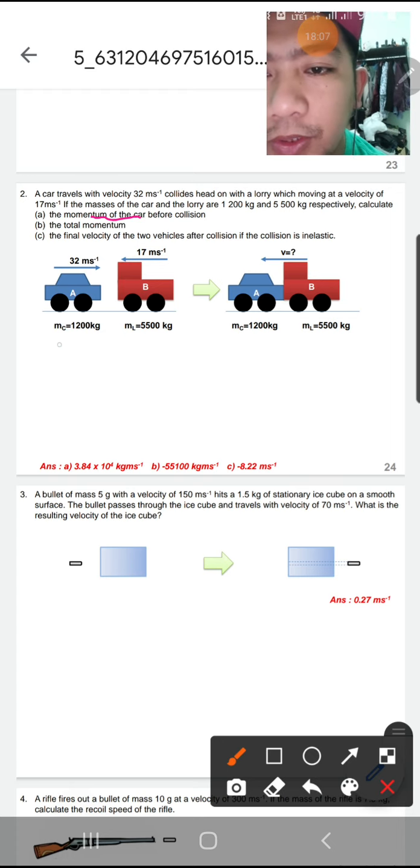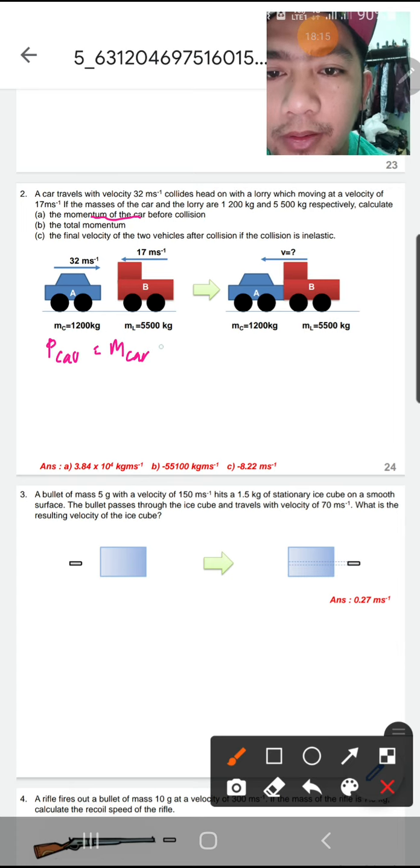So just write P car, the momentum of car, equals M car times V car. So you need to find the momentum of the car. Just substitute the value. The mass of the car is 1200 times the velocity of the car before collision, 32.